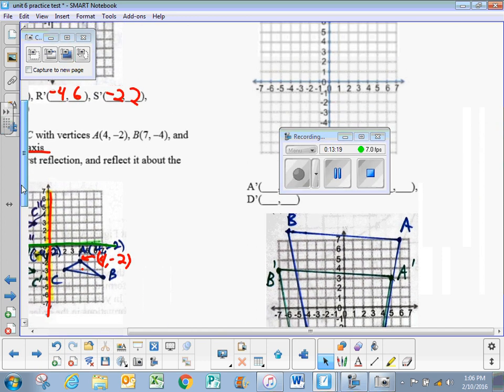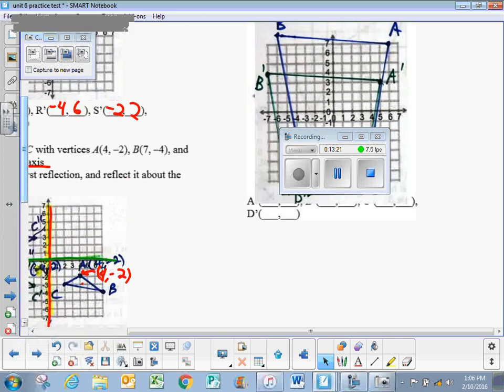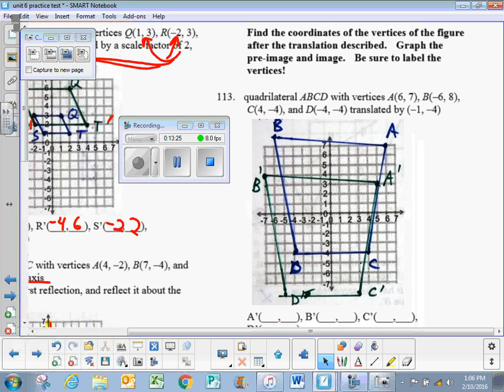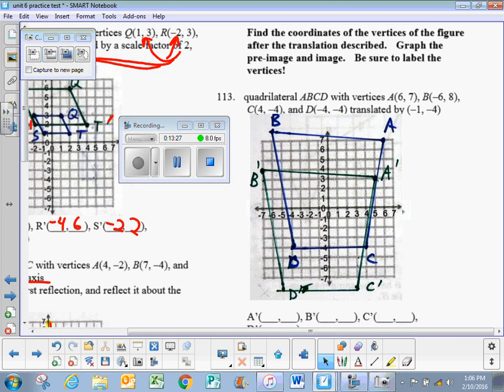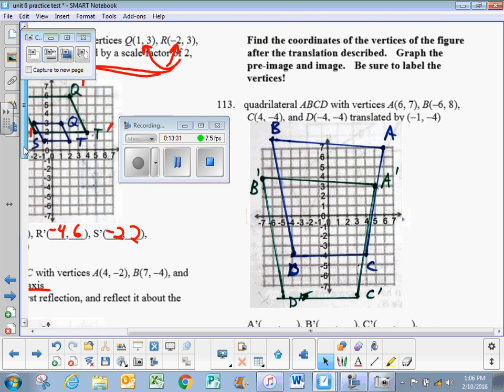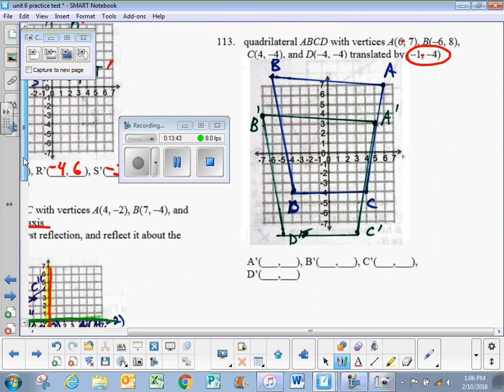Okay, next one. You're asked to do this quadrilateral, which is here number 13, not 113, as you would look at that typo. So this is a translation. Notice when we translate, we can just apply this rule to each coordinate pair. 6 minus 1 is 5. 7 minus 4 is 3.